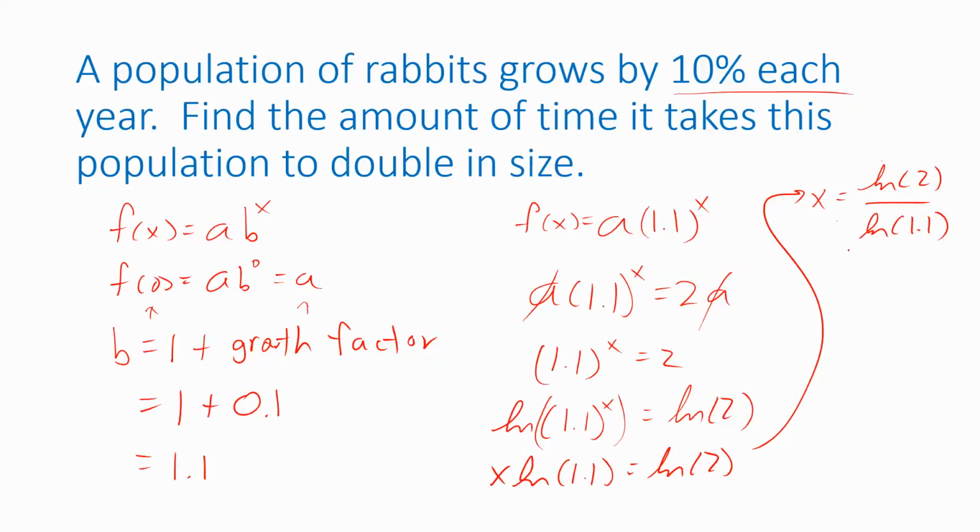And this is an exact value, but we can get an approximation for that. If we evaluate natural log of 2 divided by natural log of 1.1, we get approximately 7.27. And our units of time in this problem are years. So with a 10% annual growth rate, we expect the population to double in size after a little more than 7 years.